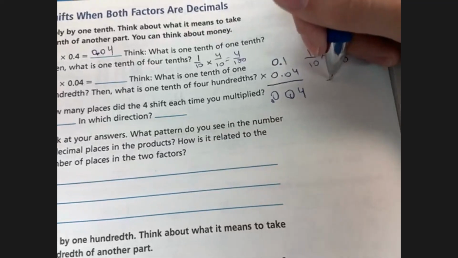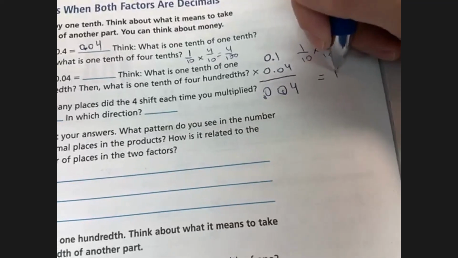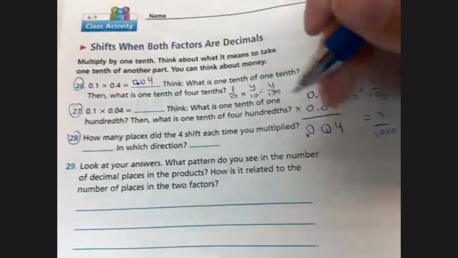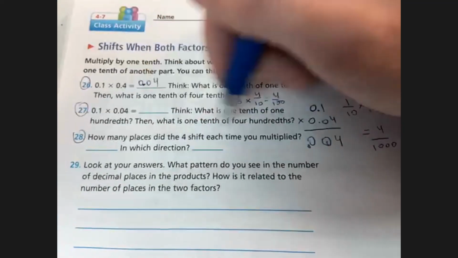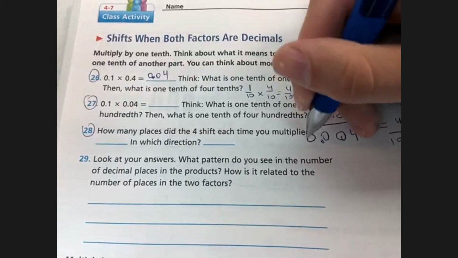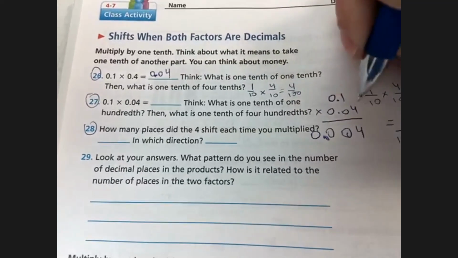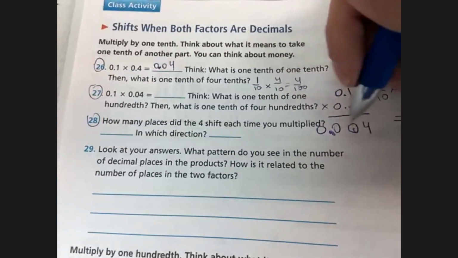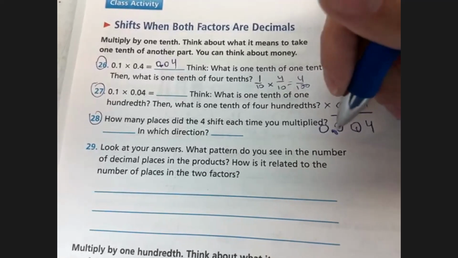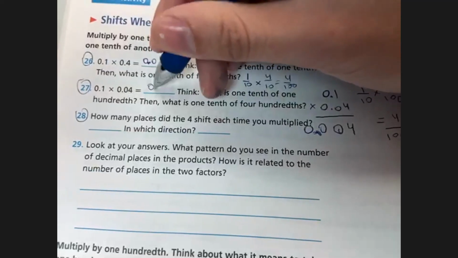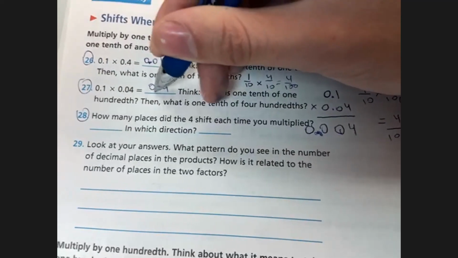What do we get? 4 over 1,000. Yes, we get 4 over 1,000. Does that make sense looking at our two numbers? So we know there are going to be 3 numbers right behind our decimal point because we have 3 numbers here. So that's 4 thousandths.